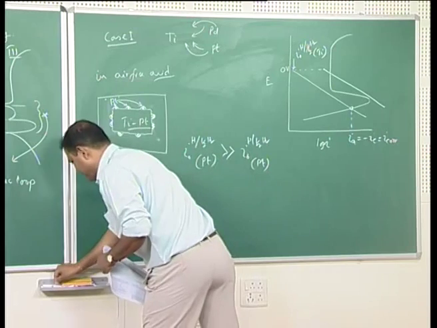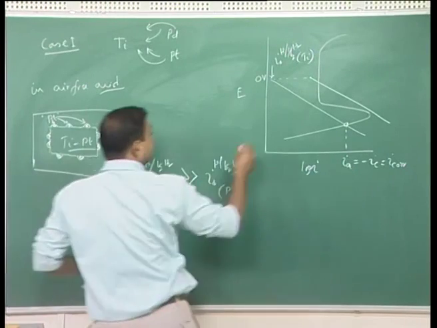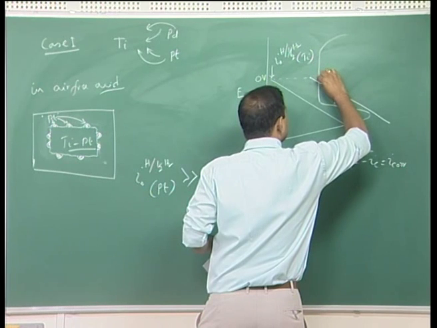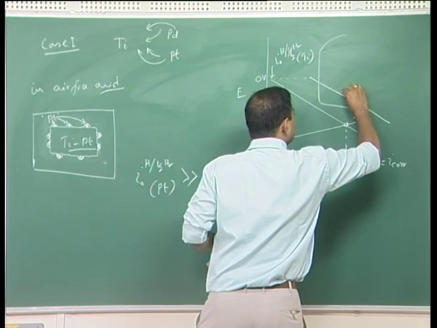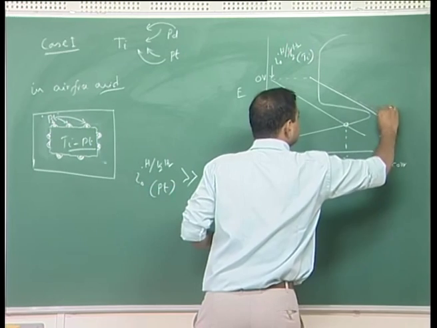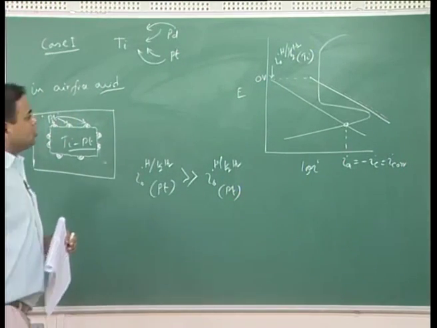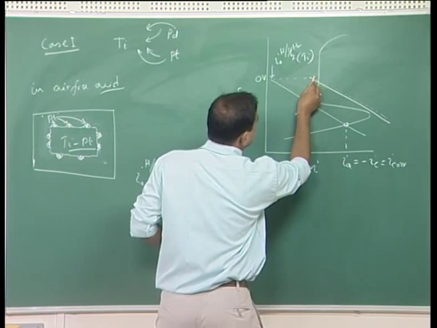After adding, you have to see where my total cathodic reaction would be. Now, the total cathodic reaction is given by this red line.